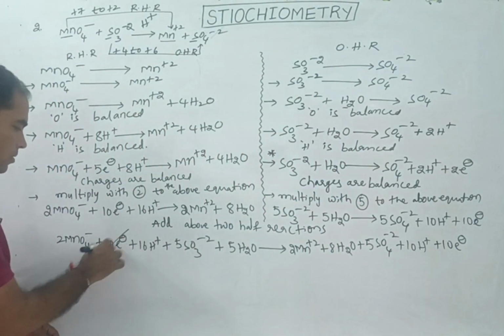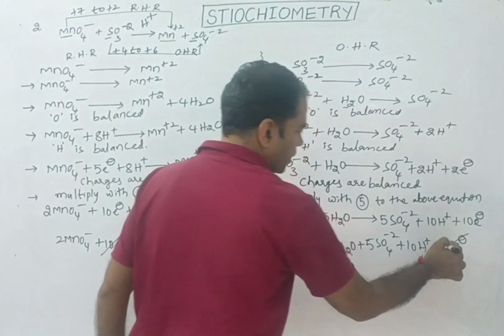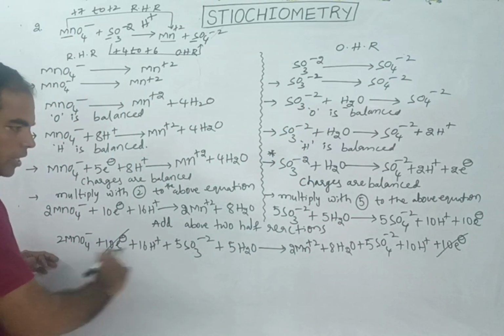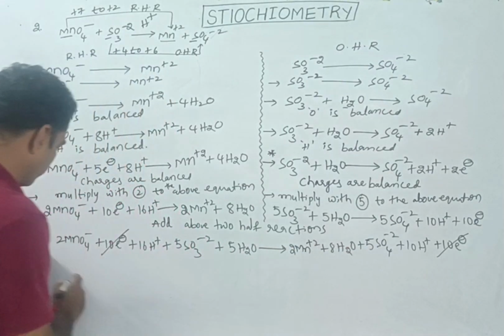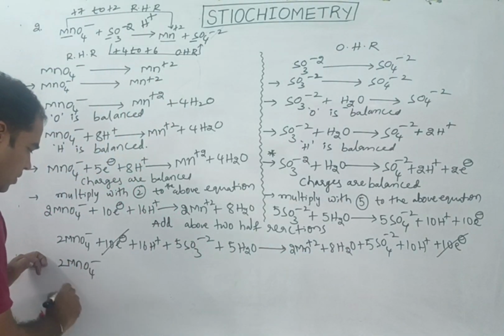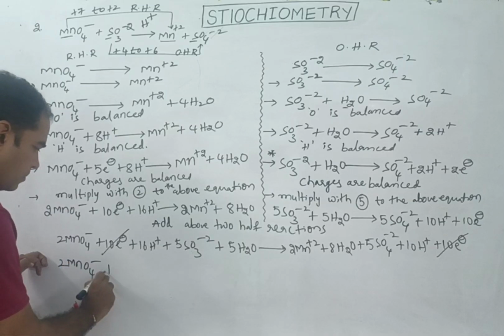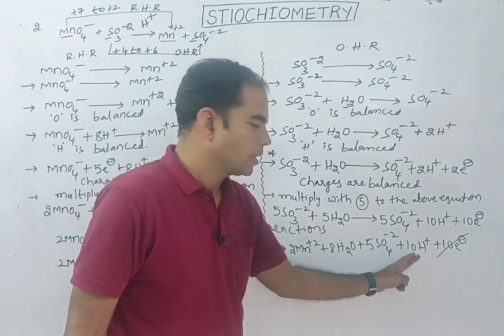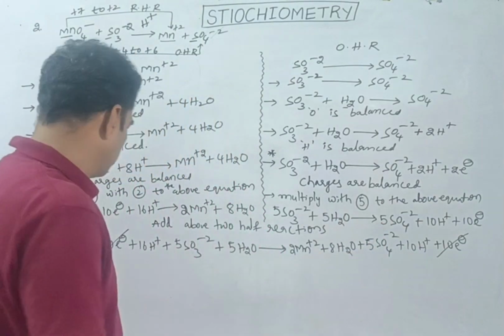Here left side 10 electrons, right side 10 electrons get cancelled. 2MnO4⁻, the MnO4 term is not present on the right side, so 2MnO4⁻ stays. Here 16H⁺, observe here 10H⁺, 16 minus 10, that means 6H⁺.